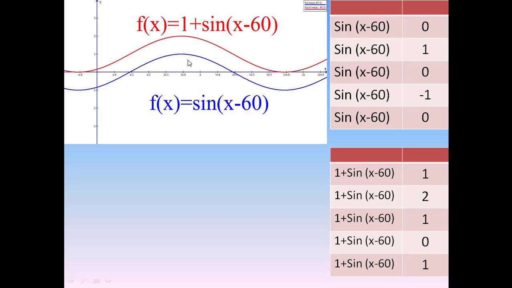So this one is equal to here. So you have to remember the difference between sin (x minus 60) and 1 plus sin (x minus 60). This is the proof that I will tell to you.